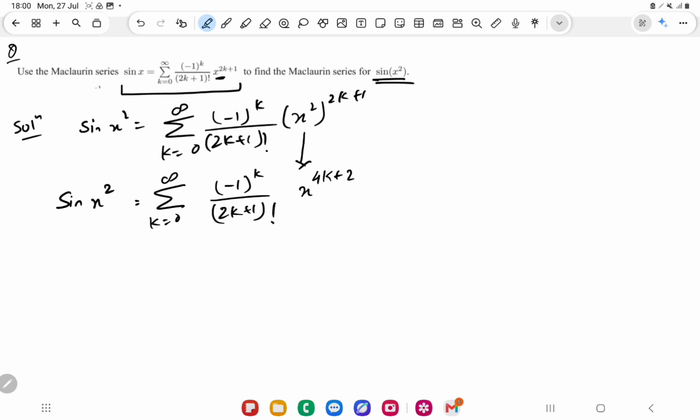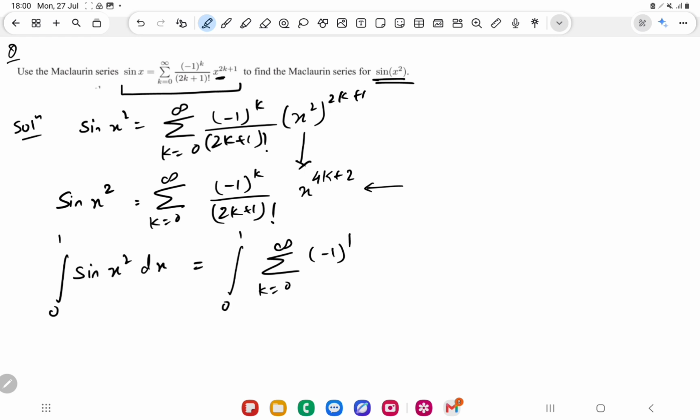But what if in the question it says integrate this from 0 to 1 like this? So what I will be doing is, since I have found out the expansion of sin x square, I will be putting everything inside the integral, that is integral k is equals to 0 to infinity. These all are constants.